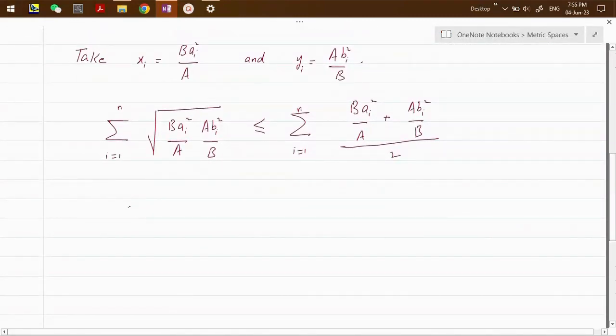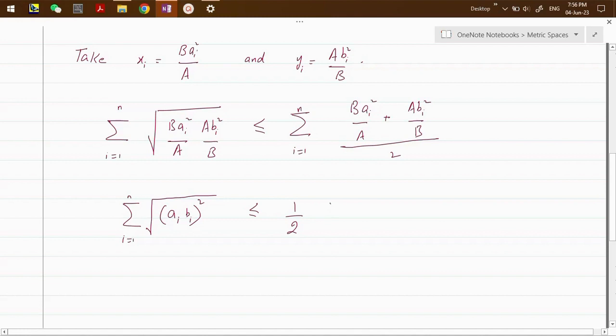When we simplify the left hand side, we get summation i from 1 to n, b is cancelled here and a is cancelled here, so we get root of ai bi whole square. Less than or equal to 1 by 2, which is a constant, so we can take out 1 by 2 because it is independent of i.